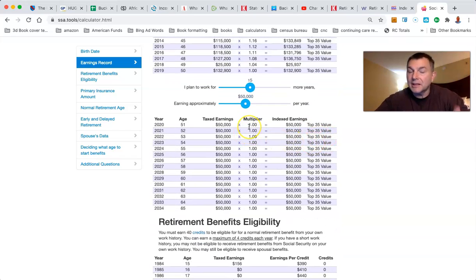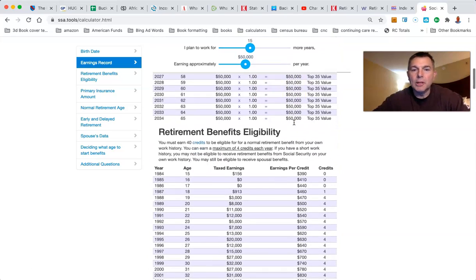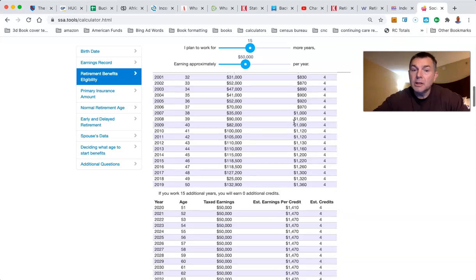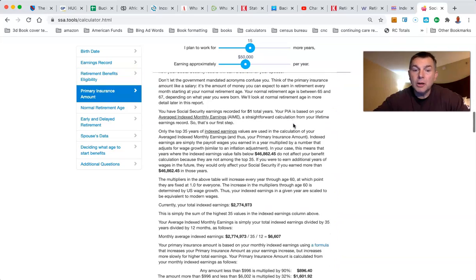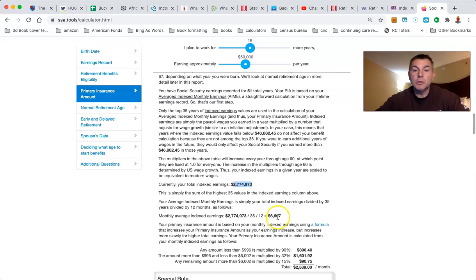Now these aren't indexed again, so that's why I'm just kind of like, we're going to go with it. And so what they're going to say is, okay, now you get 15 years of $50,000. All of a sudden now we have $2.77 million of your total indexed earnings, which gives you a PIA of $6,600. Interesting, huh?